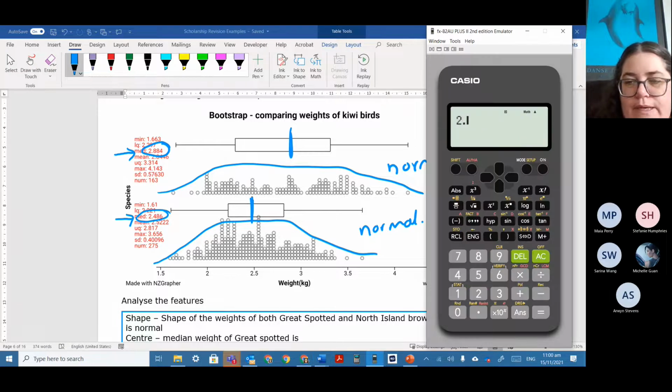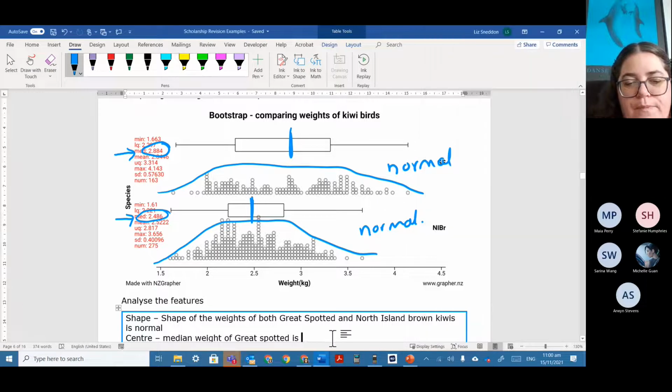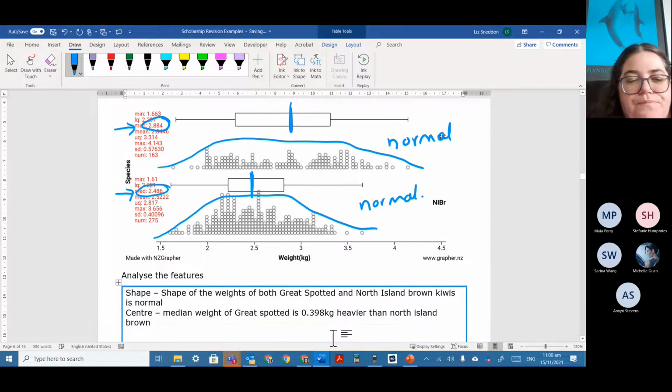Let me just go to 2.884 minus 2.486, 0.398. Okay, so nearly 400 grams, 0.398 kg heavier than North Island brown.